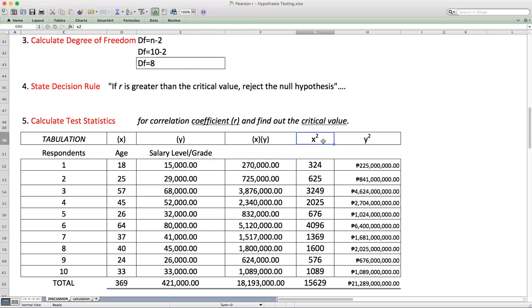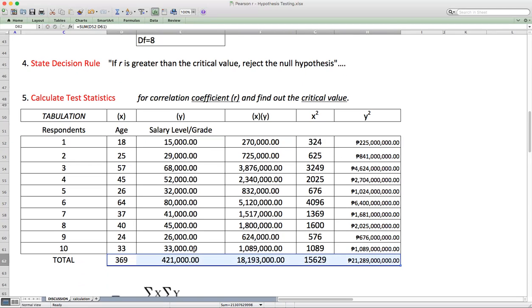And then you have X squared, wherein the age being your X will be squared, all values of it. And then also the Y values will be squared as well. And then afterwards, you make a summation of all your columns.